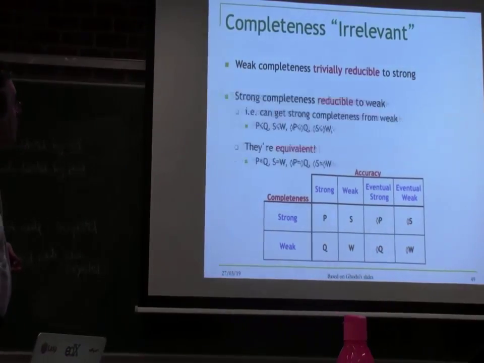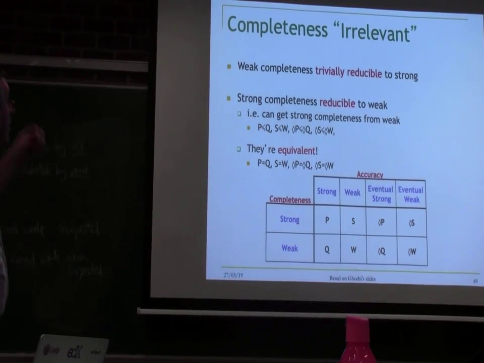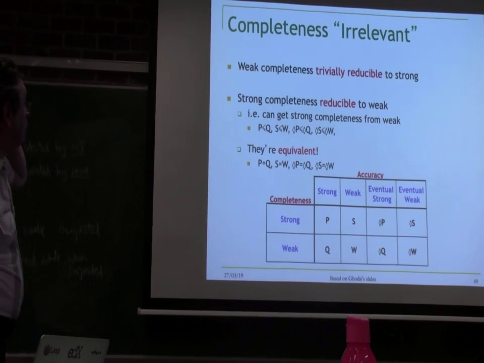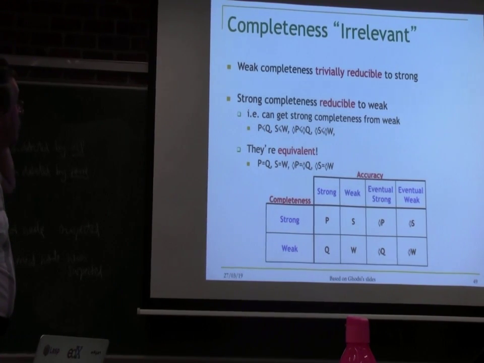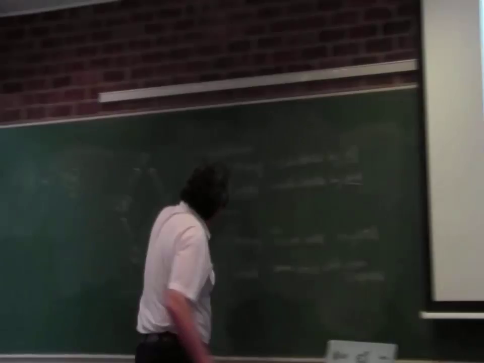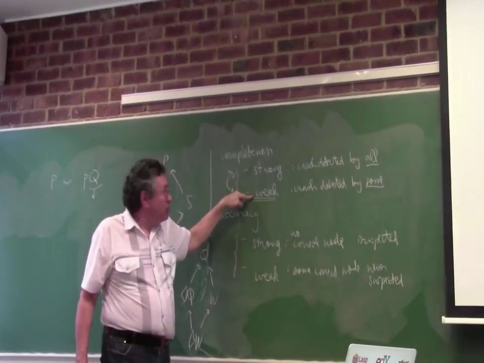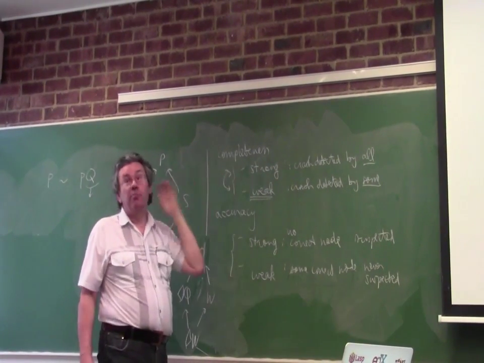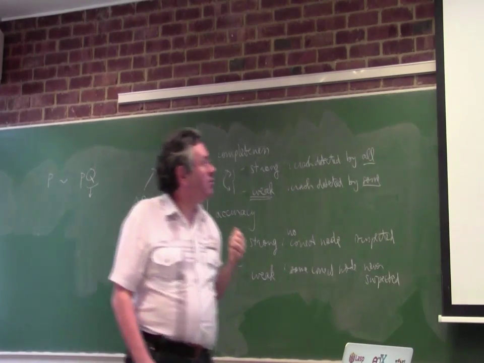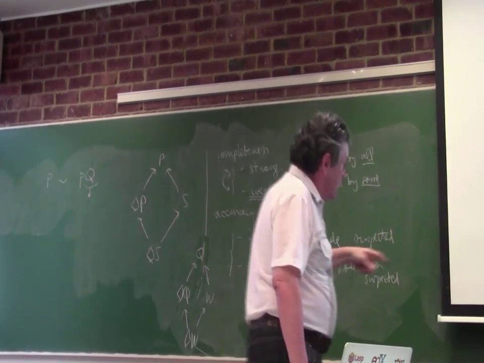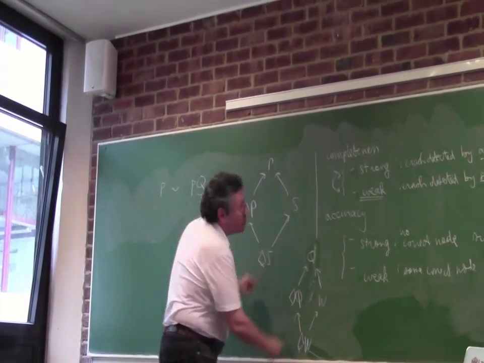The other direction is also possible. Okay? We can reduce strong completeness to weak. That means if you have weak completeness, you can actually make strong completeness. And that means that all of these guys are equivalent. P and Q, S and W, and these two.